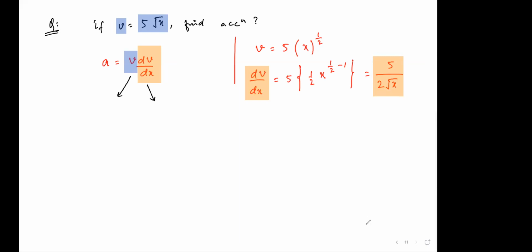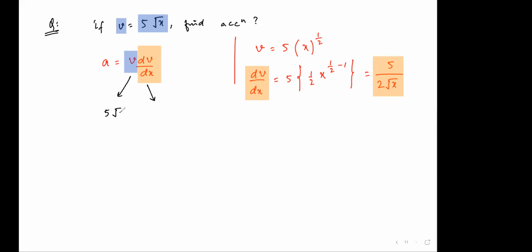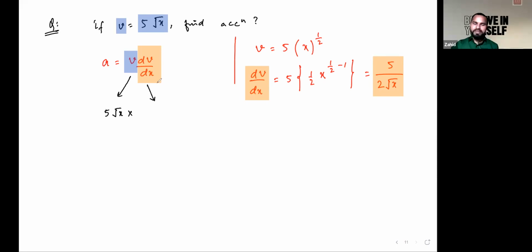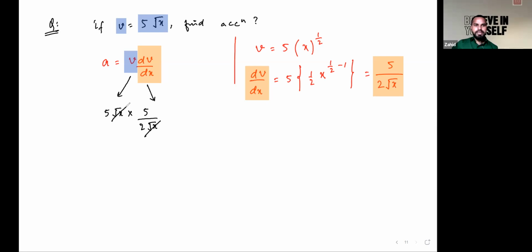What is the value of v in this equation? 5 root x. 5 root x into, and the value of dv by dx is 5 by 2 root x. So root x and root x will cancel out. So you will get 5 into 5, that is 25 over 2. So it will be 12.5 meter per second square.